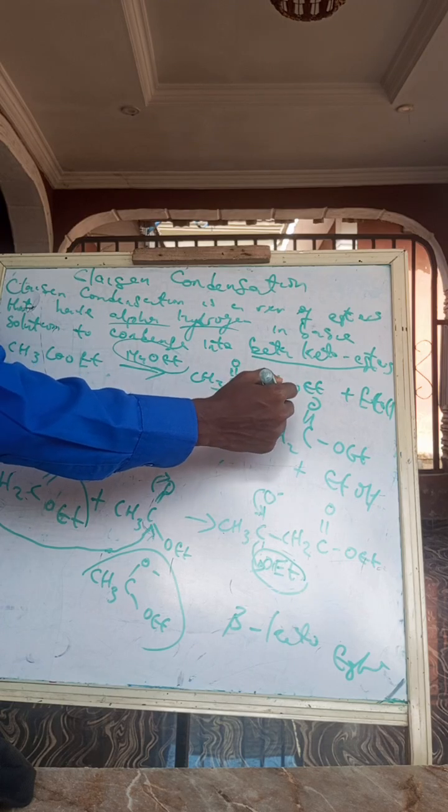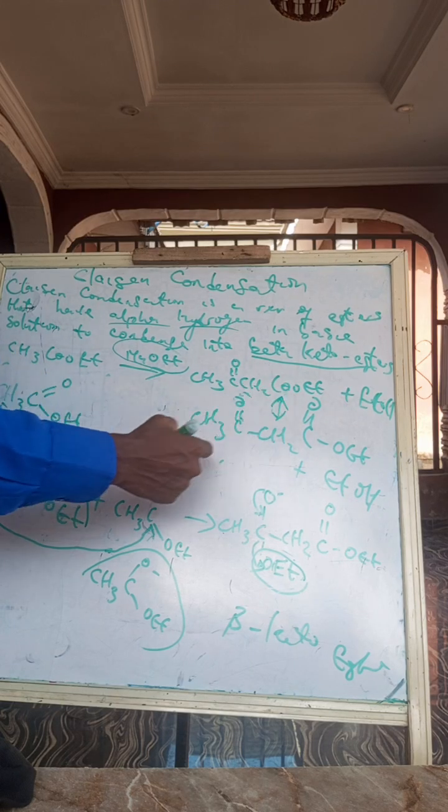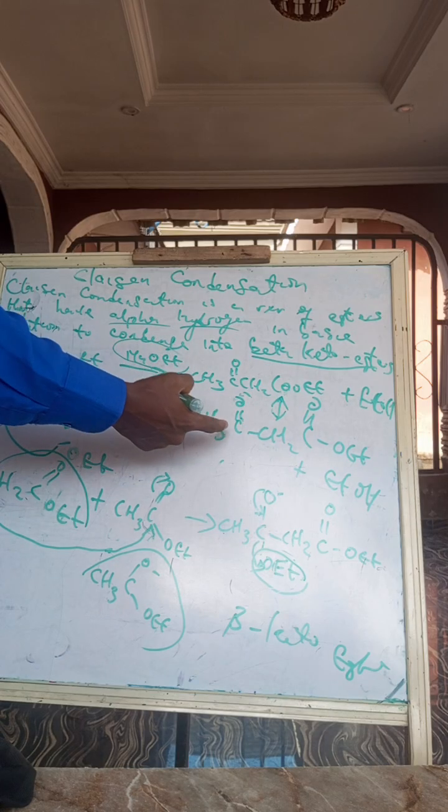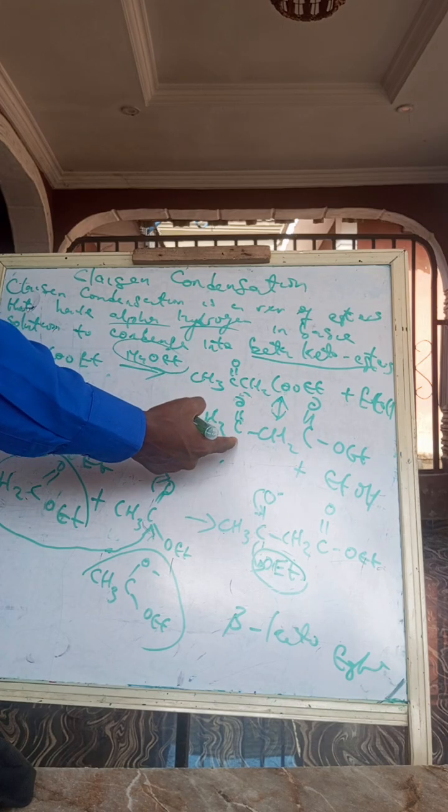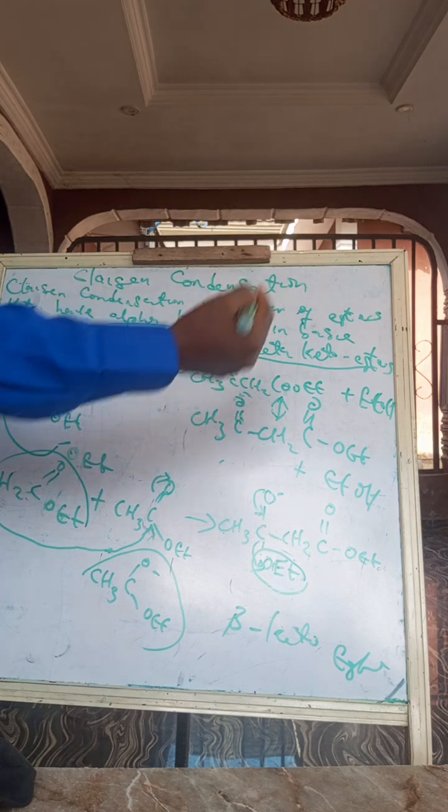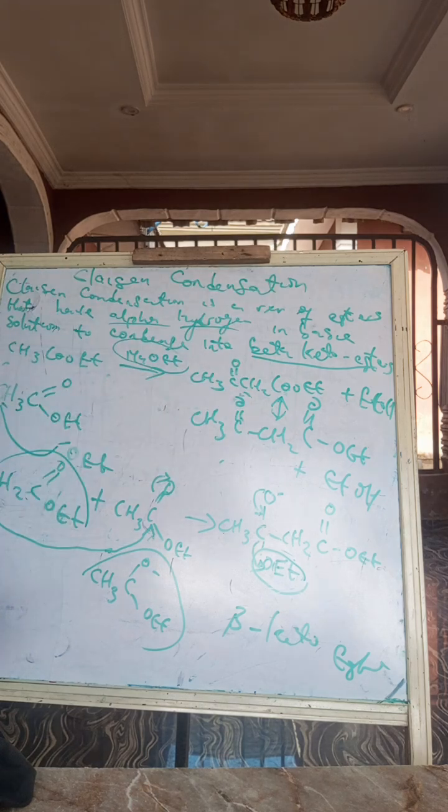We can see in our product we have a ketone part, and the hydroxide part has been eliminated. So this is a successful Claisen condensation reaction.